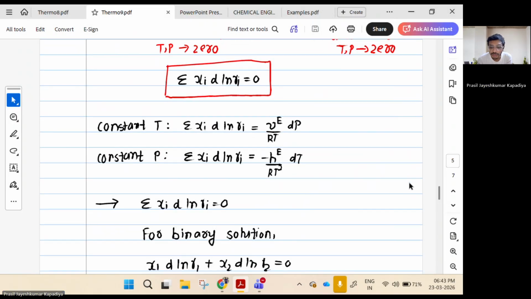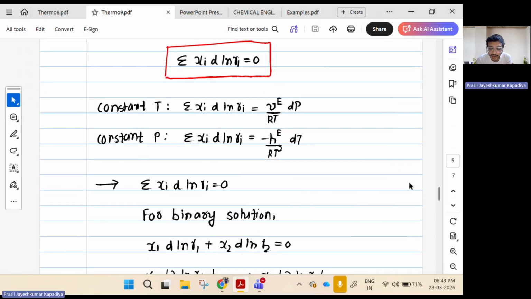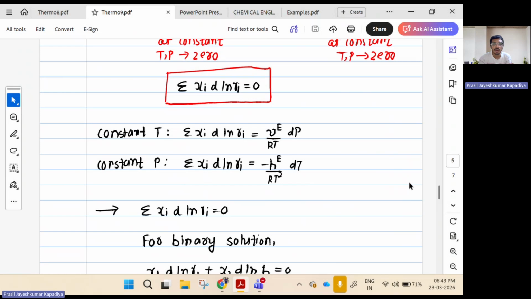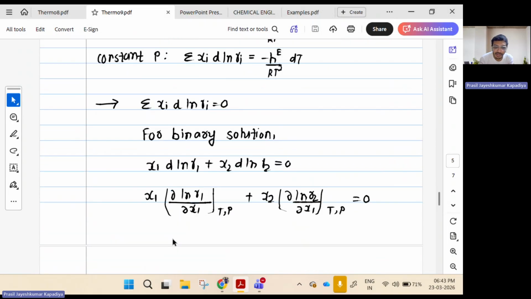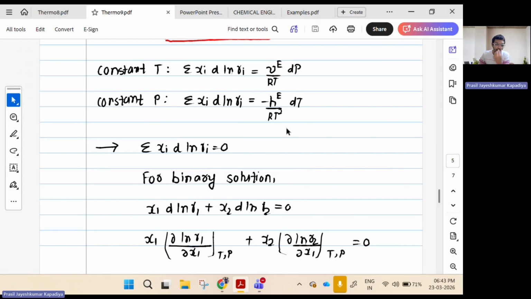So we derived this equation as summation over i of xi d ln gamma i is equal to 0. This is my Gibbs-Duhem equation. For a binary solution, what can I write? For binary components, I put i equal to 1 to 2, so I will have x1 d ln gamma 1 plus x2 d ln gamma 2 is equal to 0.